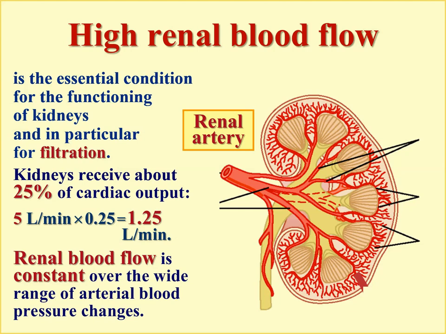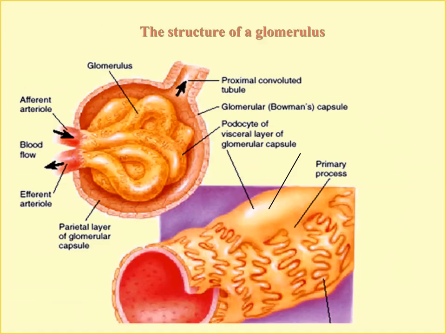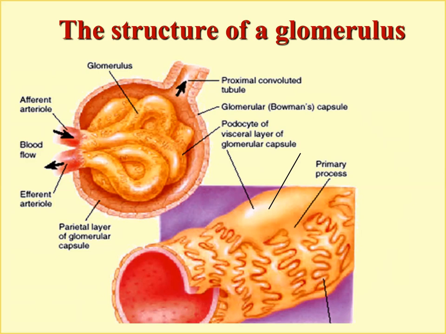The renal artery is subdivided into numerous segmental arteries, then interlobar, then arcuate, and finally interlobular arteries. And then they form the arterioles that supply blood into each glomerulus. The glomerulus has a structure with great surface area for filtration.